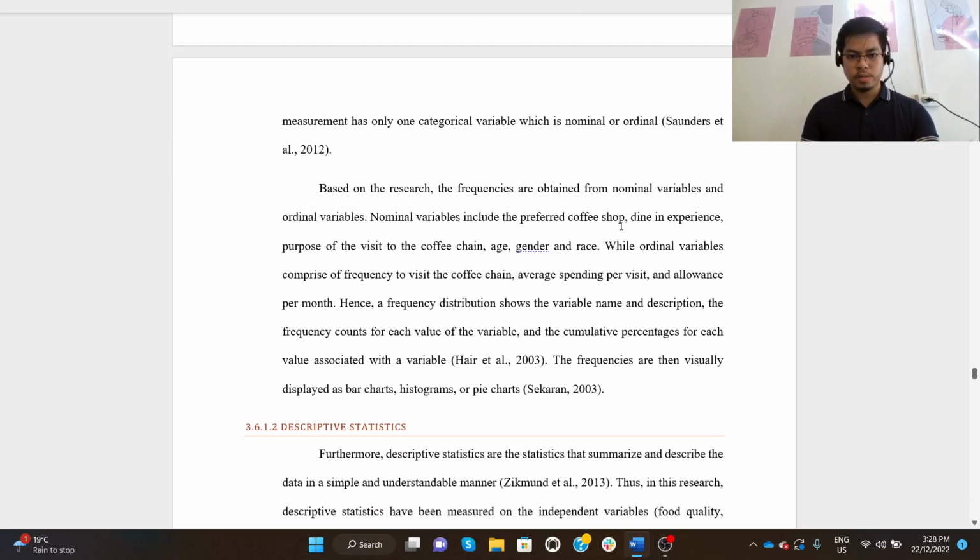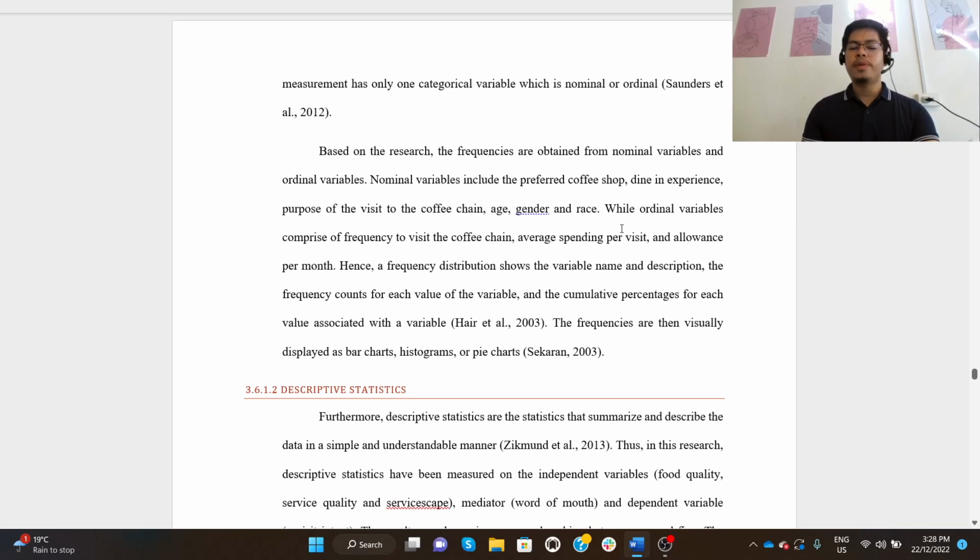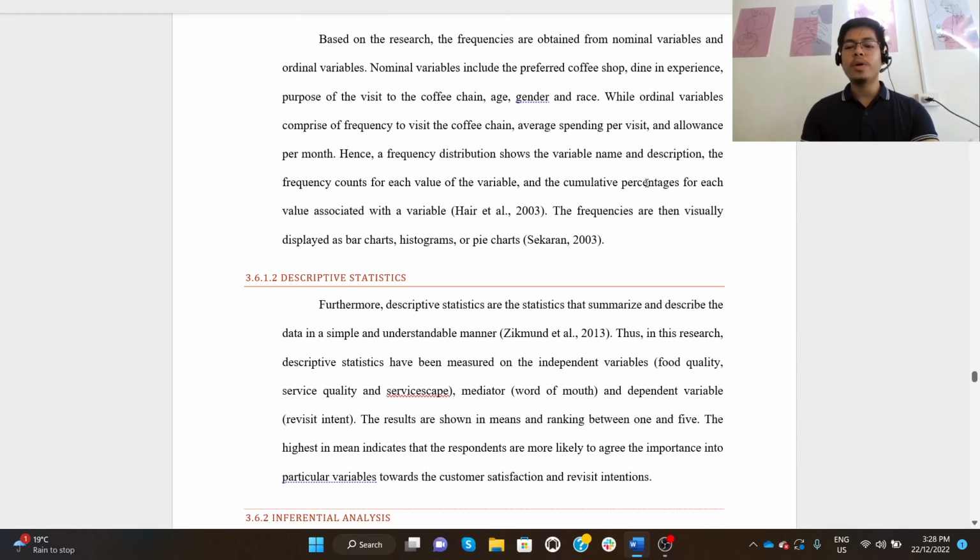Based on this research, the frequencies are obtained from nominal variables and ordinal variables. Nominal variables include the preferred coffee shop, the dine-in experience, the purpose of the visit to the coffee chain, the age, gender, and the race. While ordinal variables comprise of frequency to visit the coffee shop or the coffee chain, average spending per visit, and allowance per month.